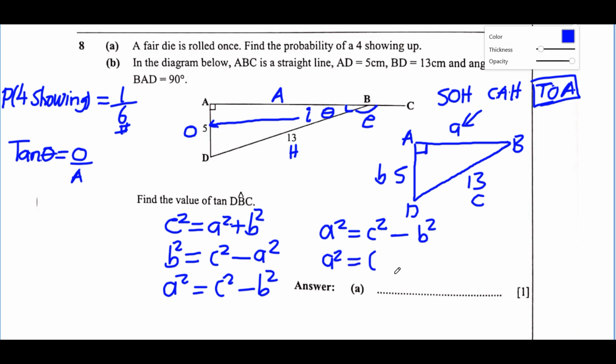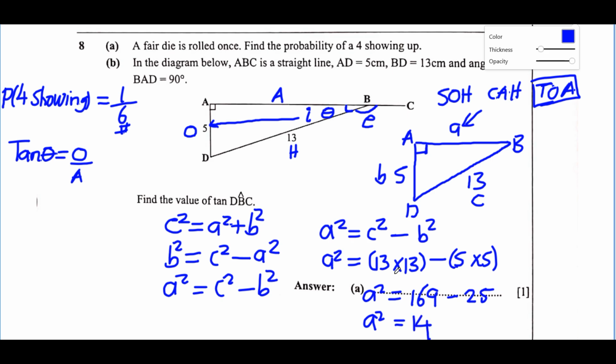So C squared will be 13 squared, which is 13 multiplied by 13, minus B squared, which is 5 times 5. So A squared is equal to 169 minus 25. So A squared is equal to 144.